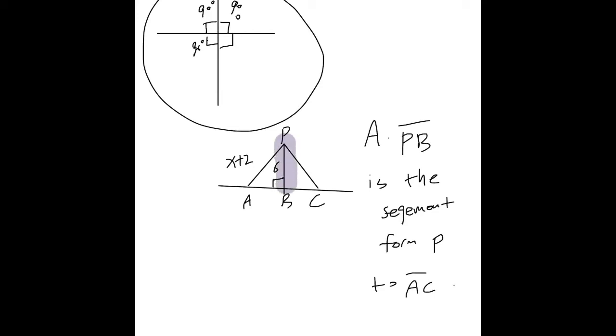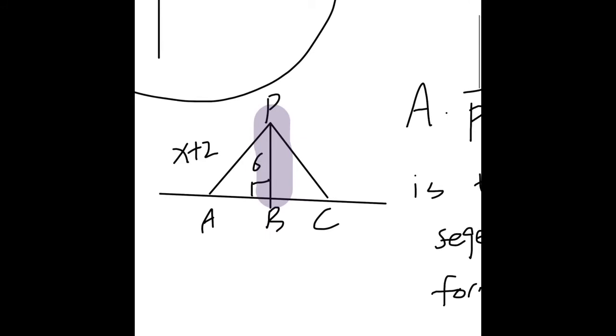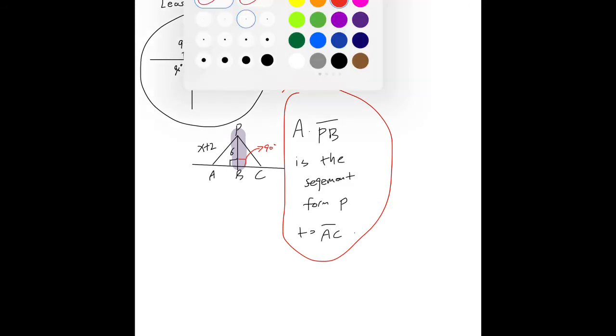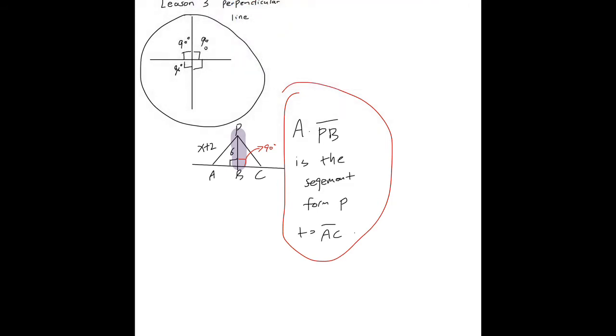What does that mean? That means this one is 90 degrees too, because we named the shortest segment as the first step. So what are we gonna do now?